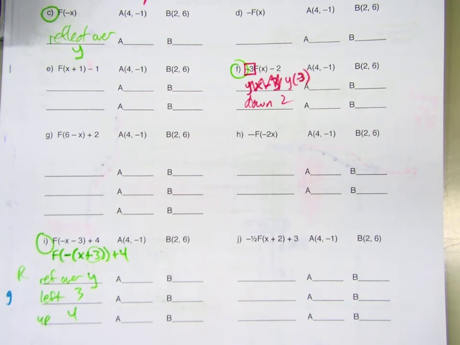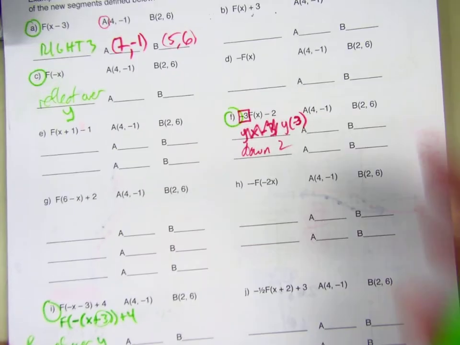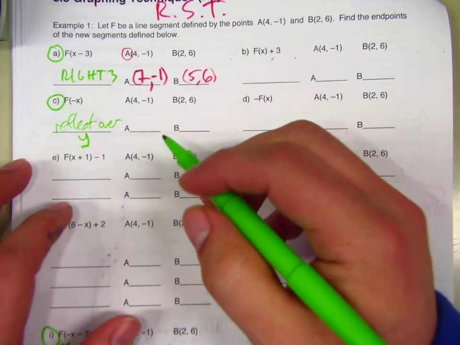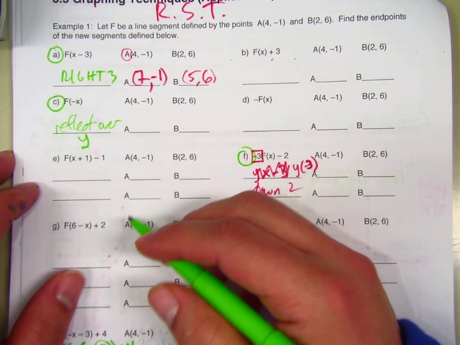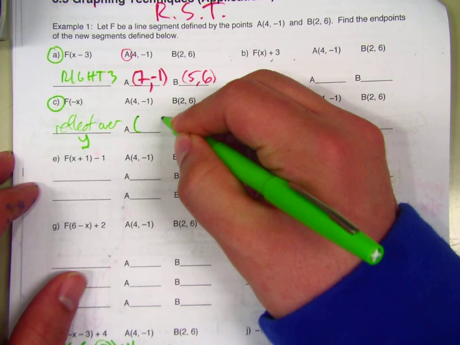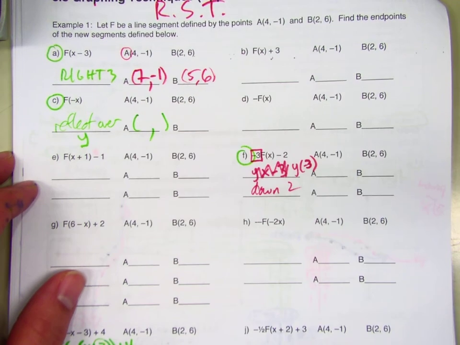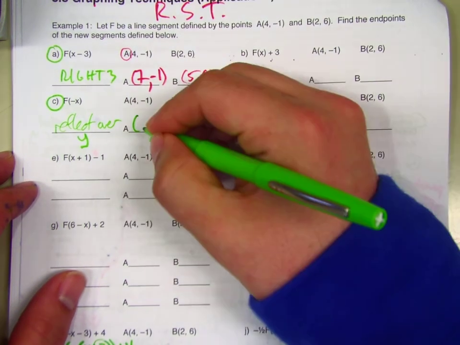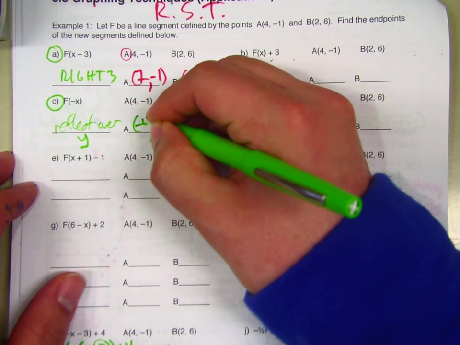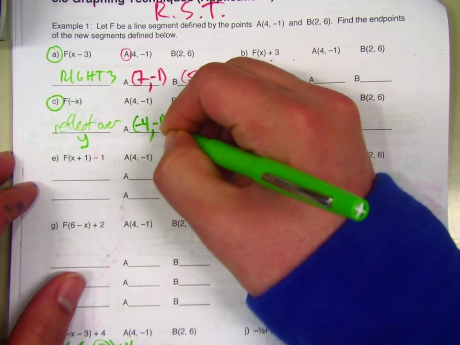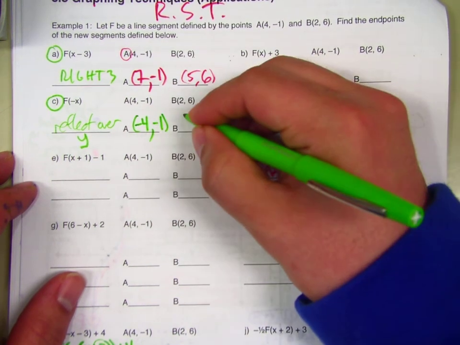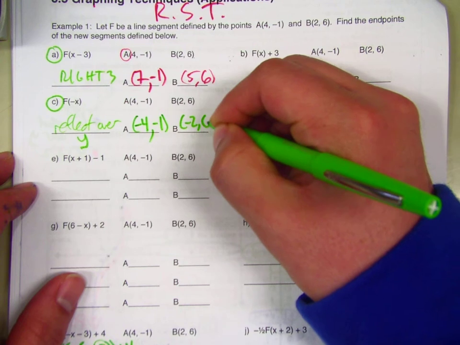All right, let's see how we did. Here are the answers: (-4, -1), (-2, 6).